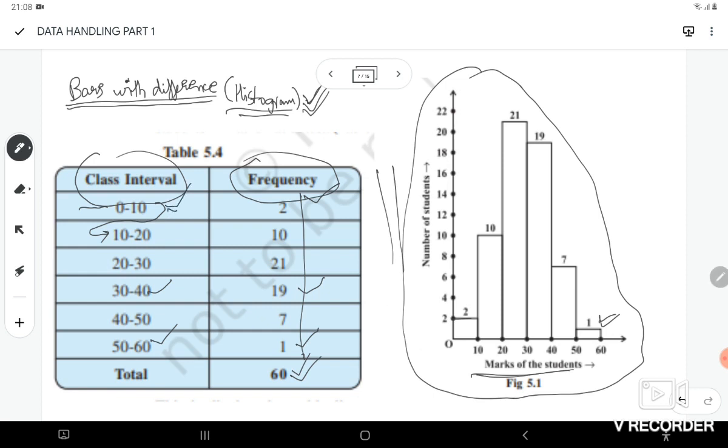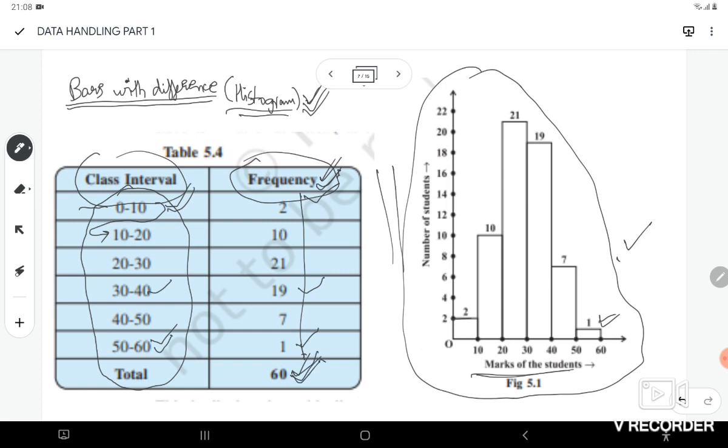Class interval I have already discussed, and frequency I have discussed. So the marks of the students range from 0 to 10, 10 to 20 and so on up to 50 to 60, and the number of students who have scored is the frequency, and the sum of the frequency is 60.